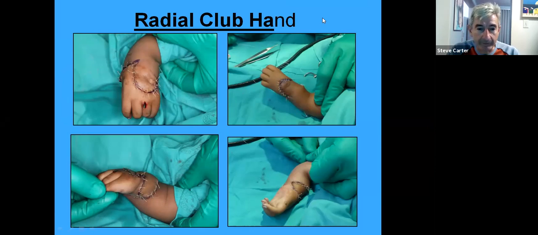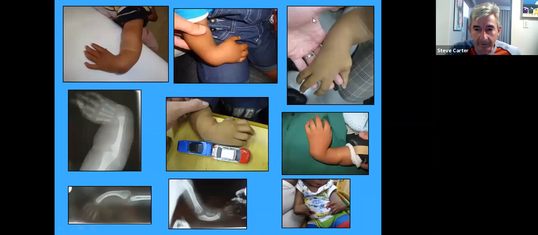Okay, so we centralize this hand, and then add a secondary procedure later on. When everything's settled down, we'll do a pollicization to give him more function in terms of the thumb. There are just some examples of the radial club hand. You can see at the top left, a little residual nubbin of a thumb.